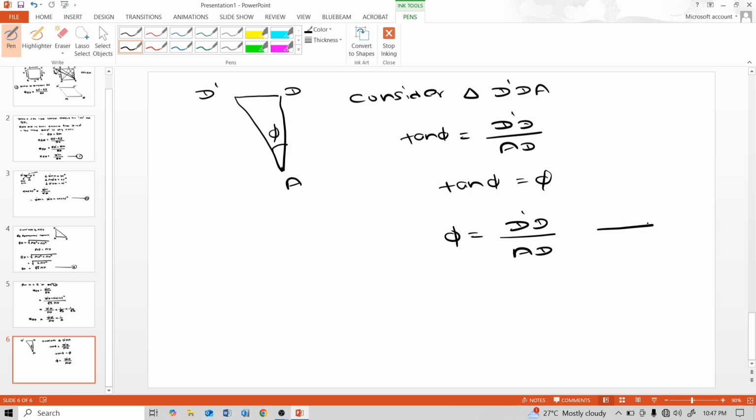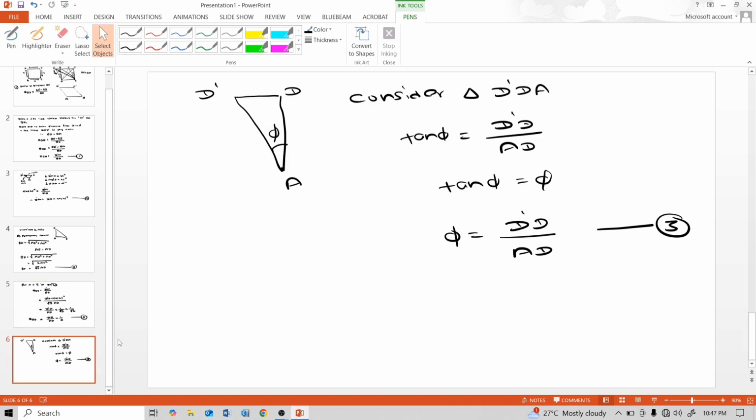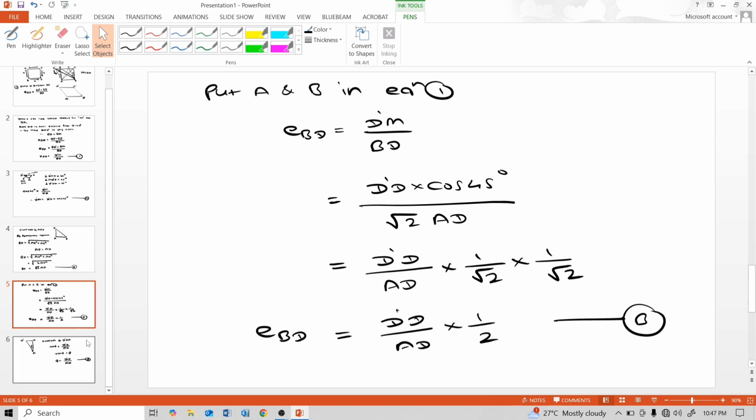Put this equation 3 in this equation B. D dash D upon AD is nothing but the phi.